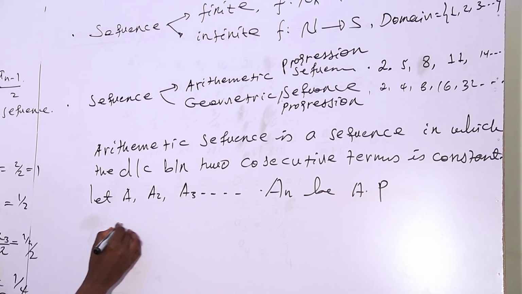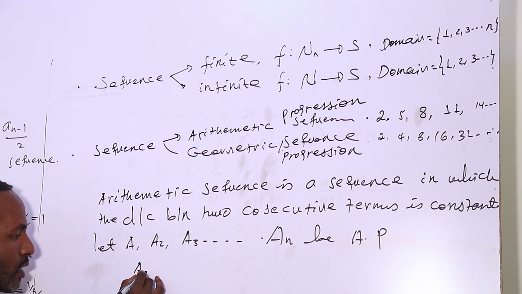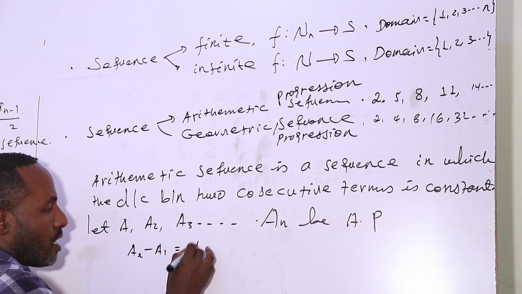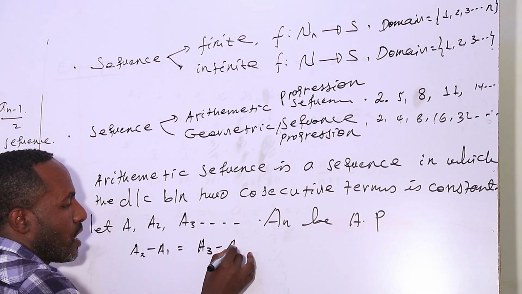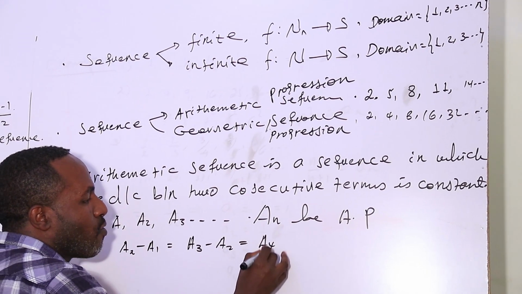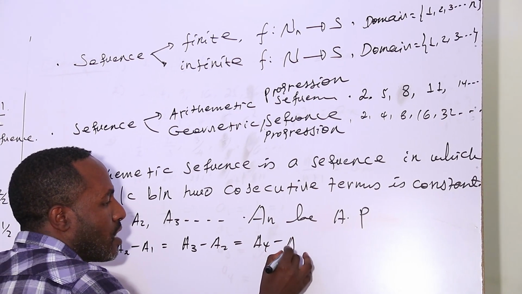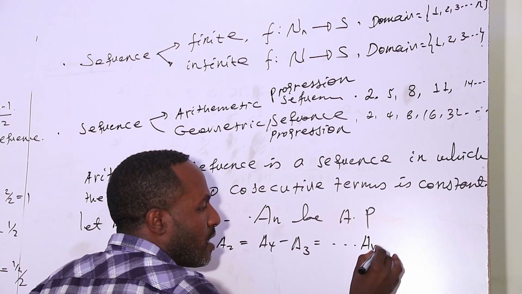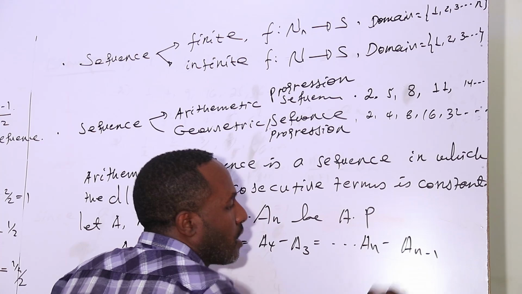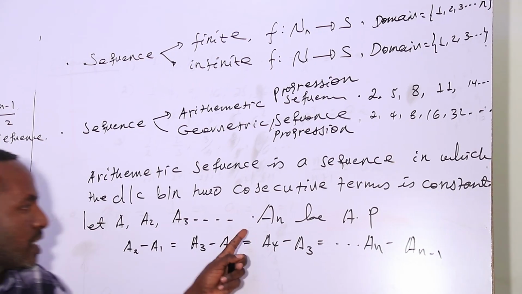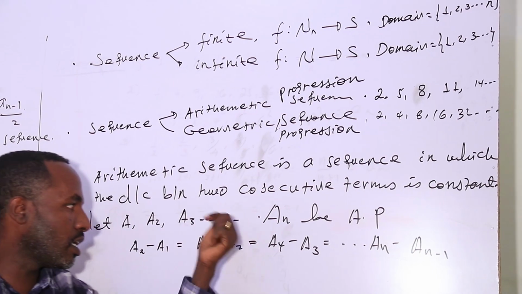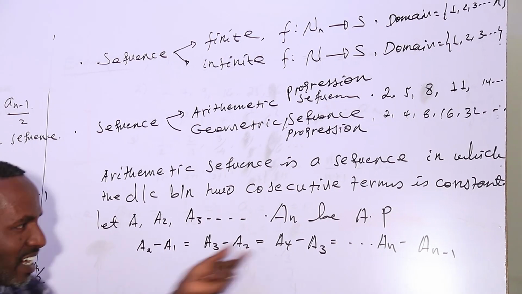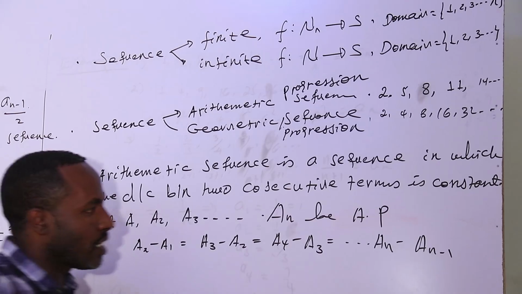The difference between them, A2 minus A1, is equal to A3 minus A2, which equals A4 minus A3, which all equal A_n minus A_(n-1). A_(n-1) means the term before A_n. So all these are some constant number.